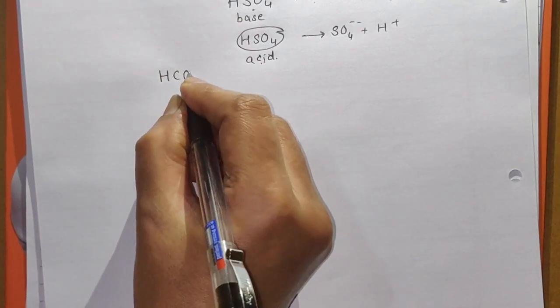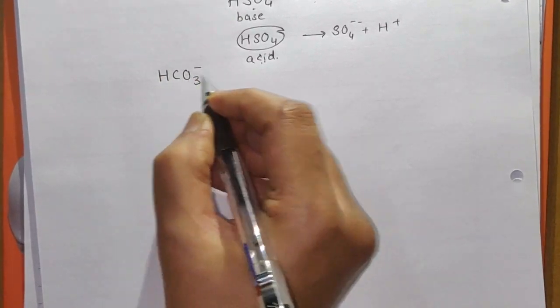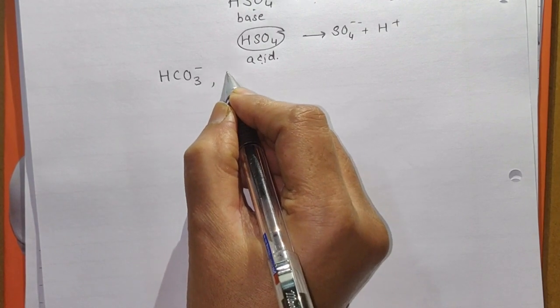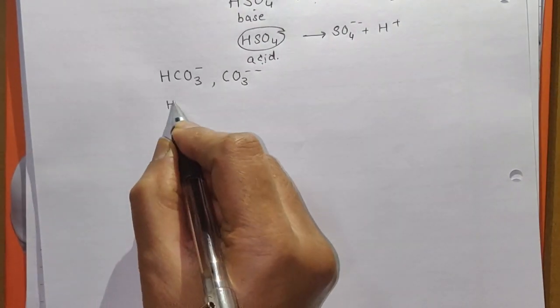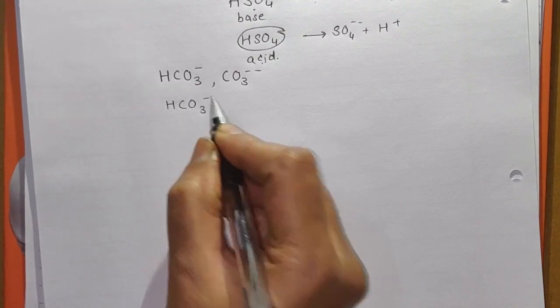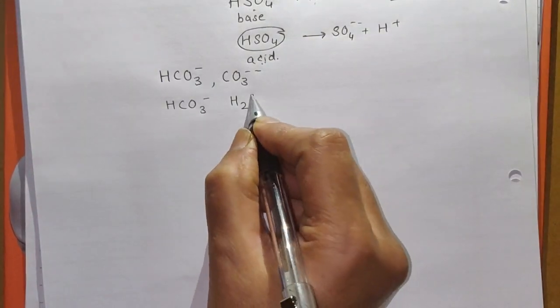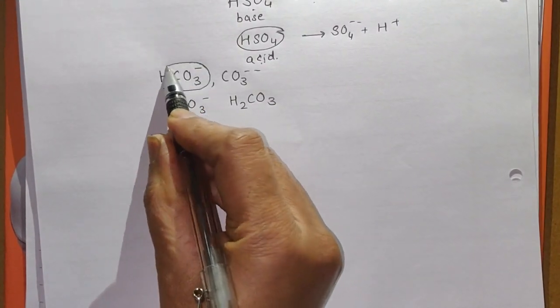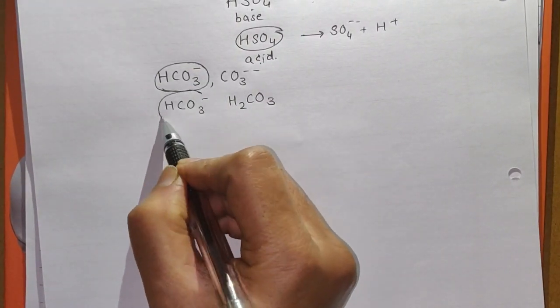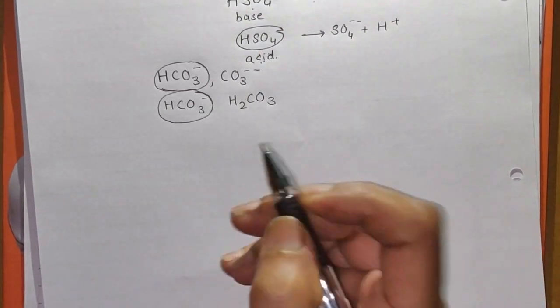HCO3 minus by donating proton gets converted into CO3 minus minus. HCO3 minus by accepting proton gets converted into H2CO3. Like this, HCO3 minus can accept proton as well as it can donate proton, so it is amphoteric in nature.